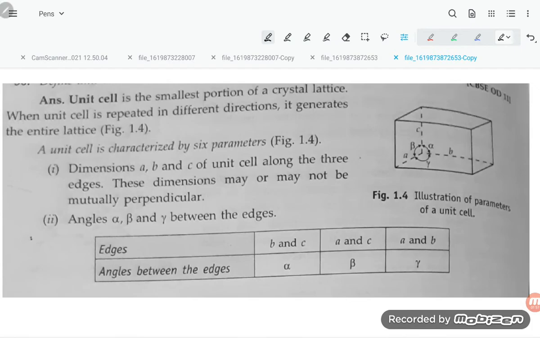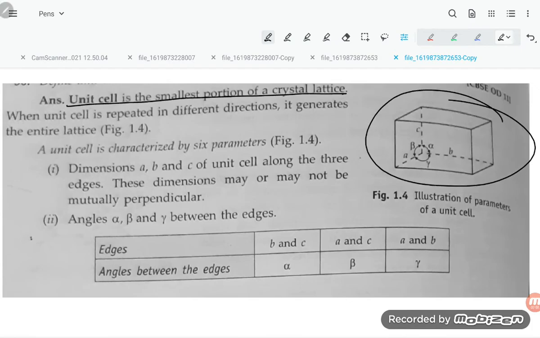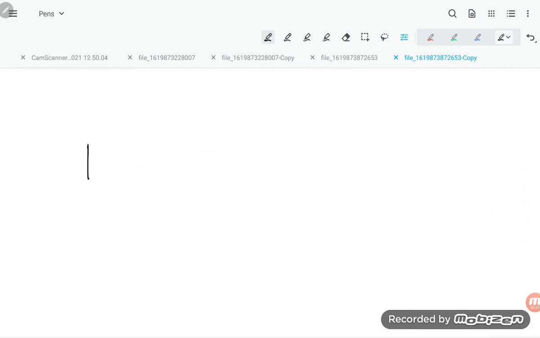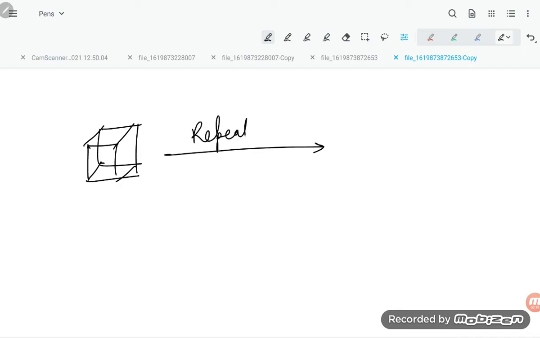They are saying the unit cell is the smallest portion of the crystal lattice. When the unit cell is repeated in different directions, it generates the entire lattice. It means if you have a small unit cell, dear students, this way, and you keep repeating it, what will happen?